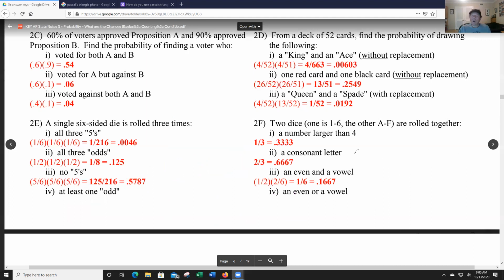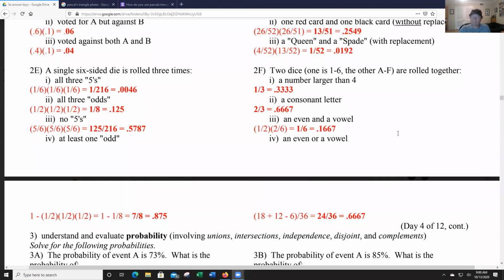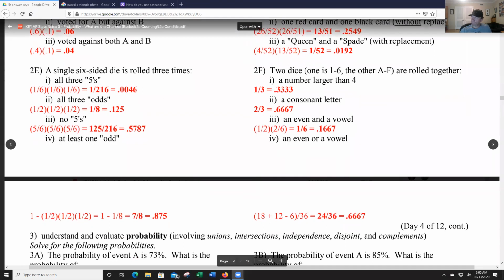All right, for 2F, we have two dice. One is 1 through 6, and the other is A through F, and they are rolled together. So it's a little bit different. A number larger than 4 is only the 5 and the 6, and we're only talking about one die here.